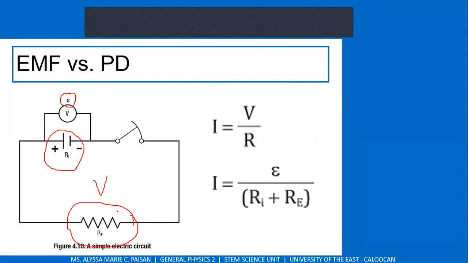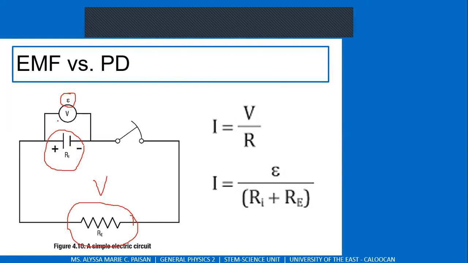Now, if we account the resistance of the power source itself or the dry cell itself, kasi alam naman natin sa loob nun may materials, pwedeng may metals, usually zinc and stuff like that. Meron din yung resistance, no? Hindi lang yung ating resistor. Although sobrang liit lang nito, sometimes it can make the difference.